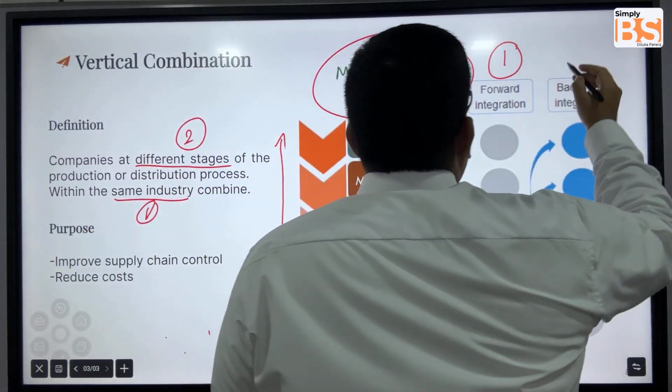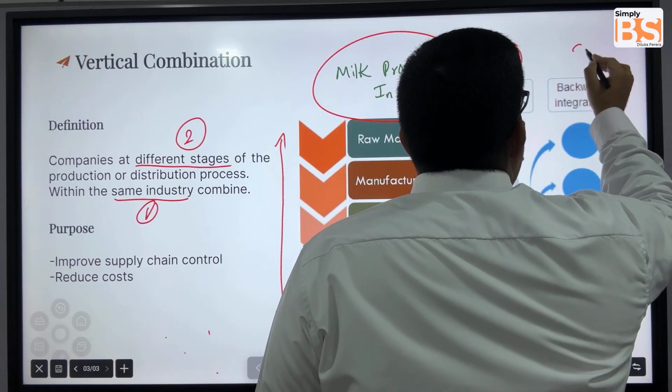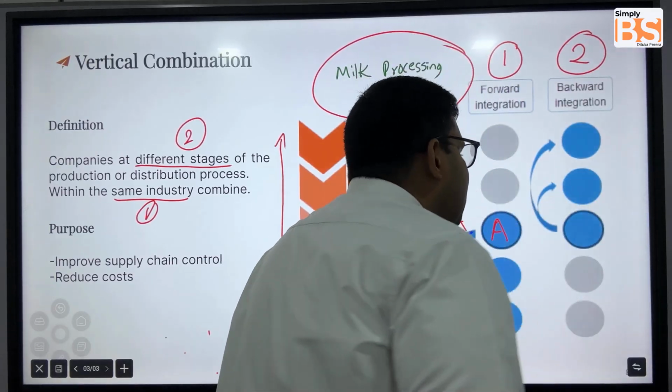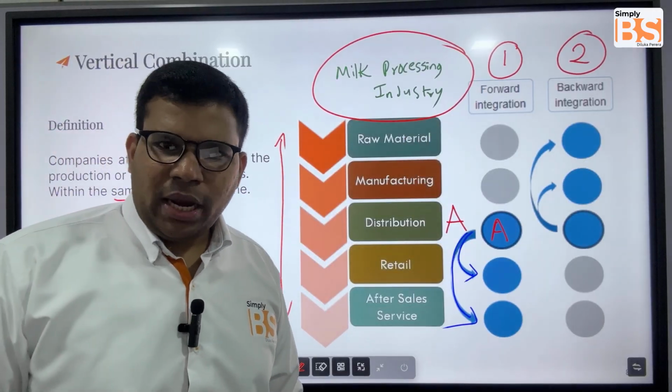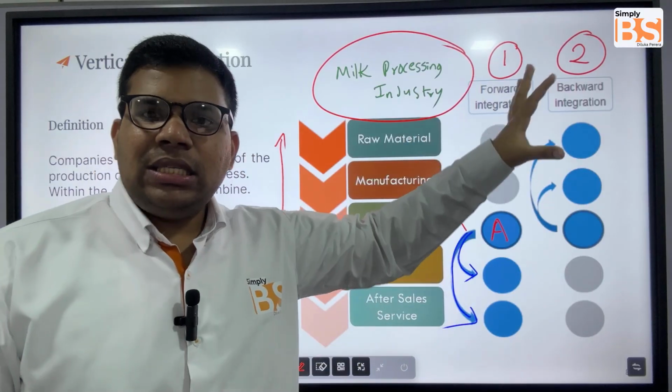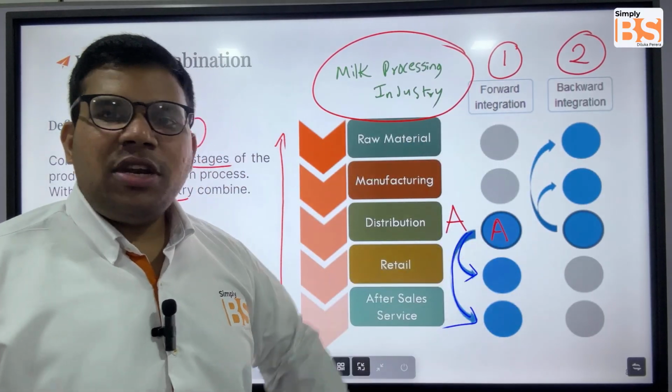The second way a vertical combination could occur is through a backward integration, simply the opposite of forward integration. Now you go backwards in the production and the distribution process.